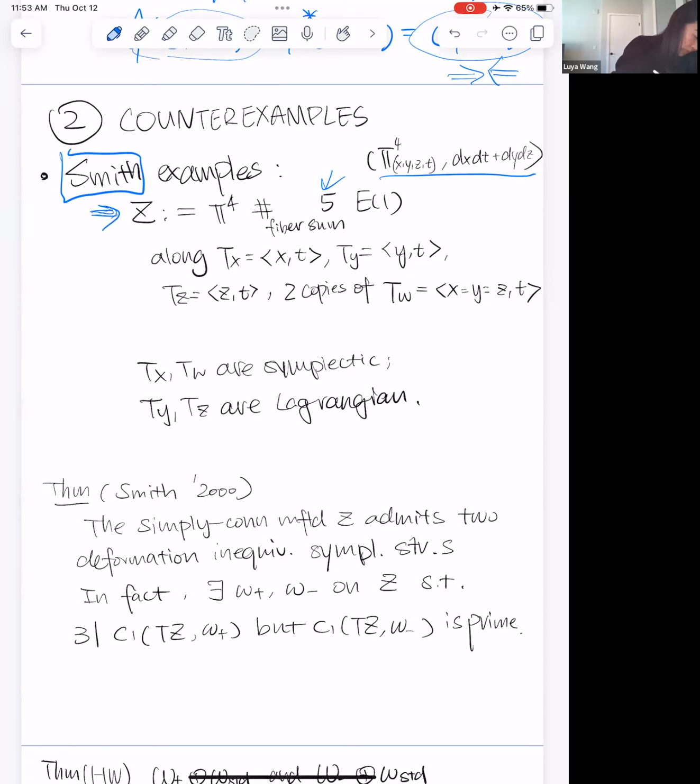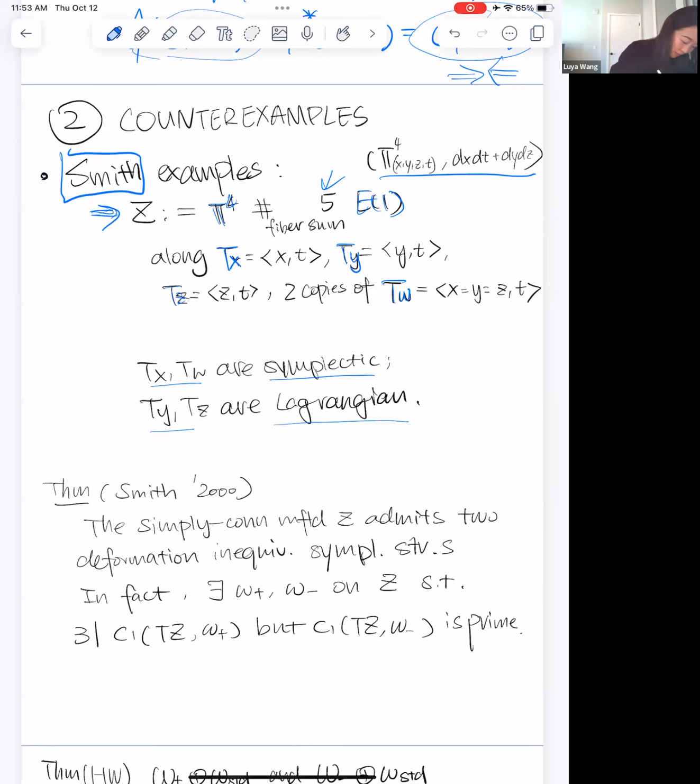What he did is fiber sum T4 with 5 copies of E1 along the tori Tx, Ty, Tz, and 2 copies of Tw. You can check that Tx and Ty are symplectic, while Ty, Tz are Lagrangians. For the Lagrangian ones, we need to perturb in order to do the fiber sum, and he actually uses different perturbations.